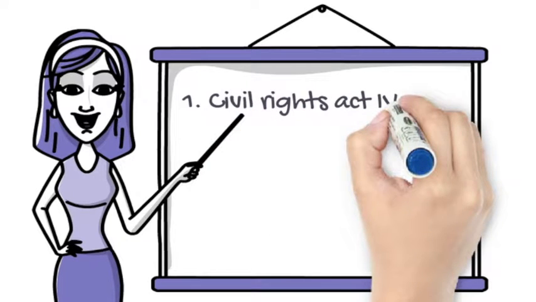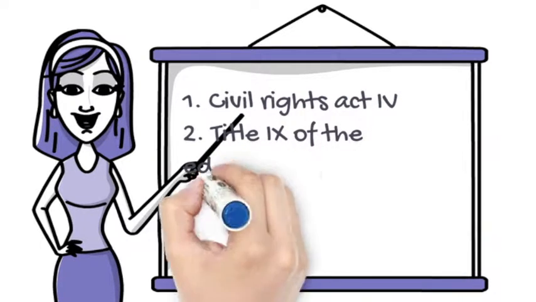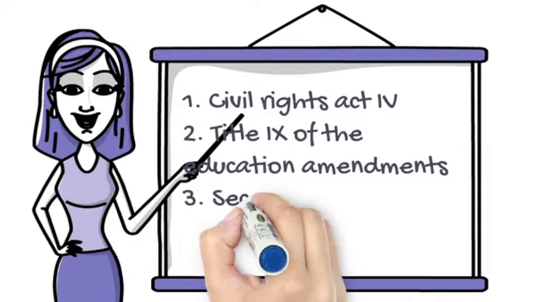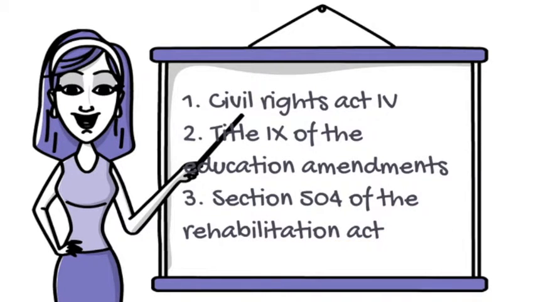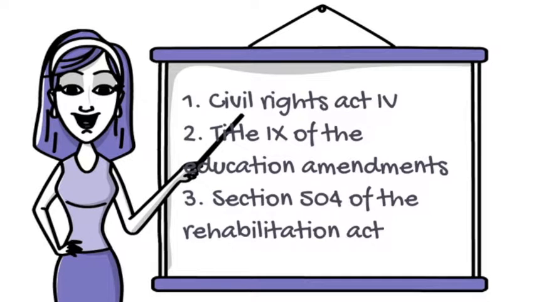One of the main laws, the first one, was established in 1964: Title VI of the Civil Rights Act, targeting race, color, and national origin discrimination. Title IX of the Education Amendments of 1972 addresses sex discrimination, and Section 504 of the Rehabilitation Act of 1973 addresses disability discrimination.